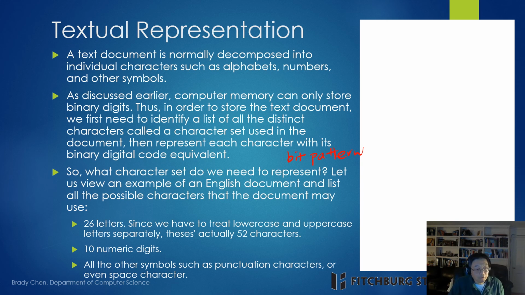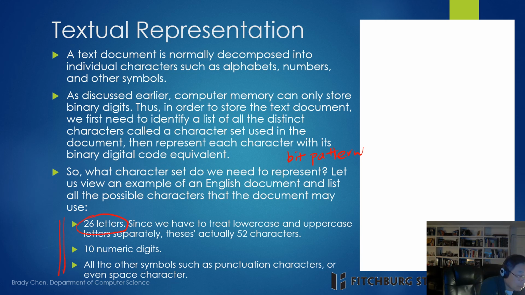So first we need to figure out what character set we need to represent. Let's take a look at the simplest case, an example of an English document, and list all the possible characters that the document may use. We listed three items.